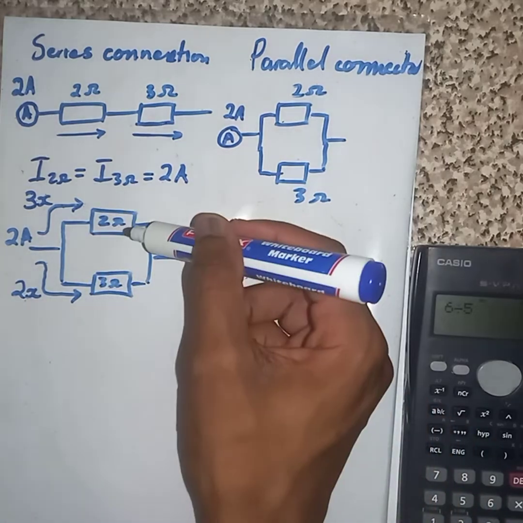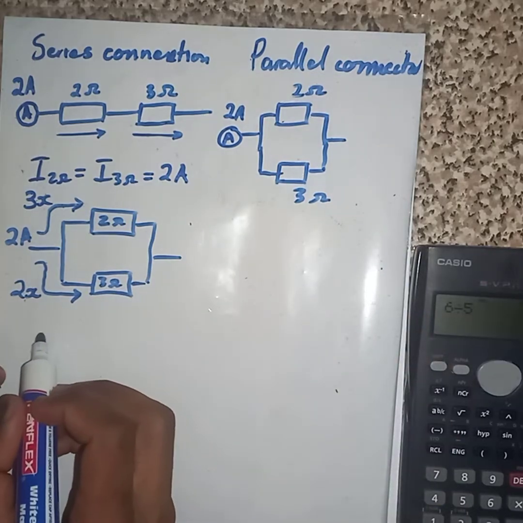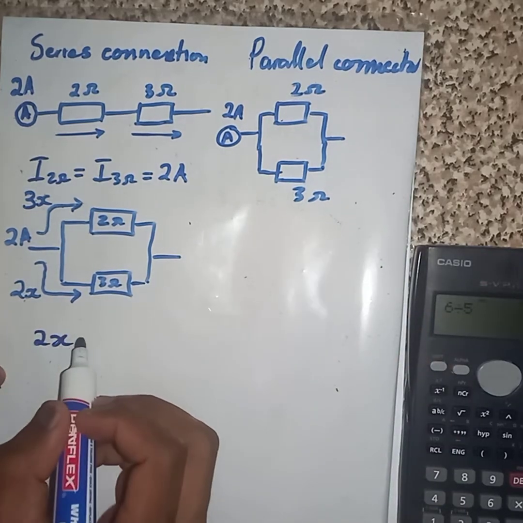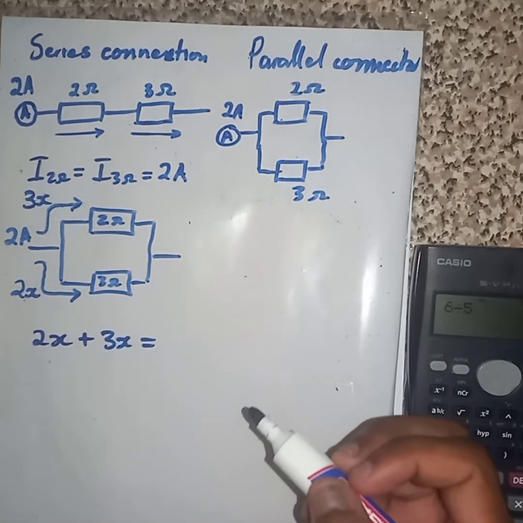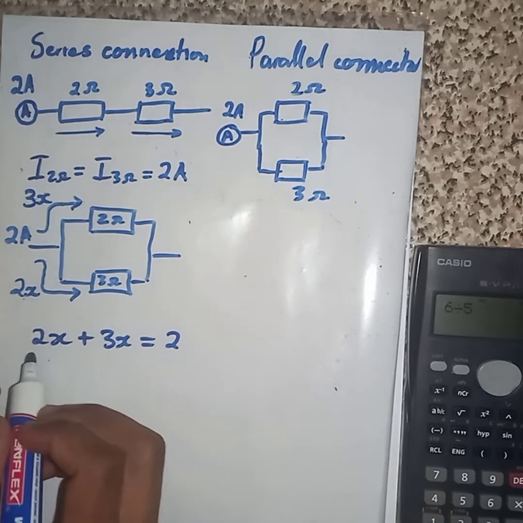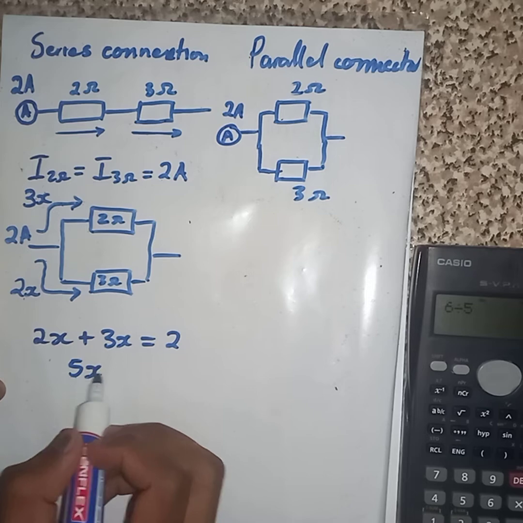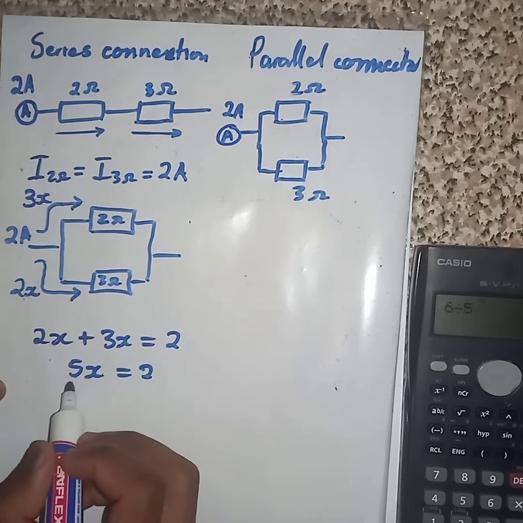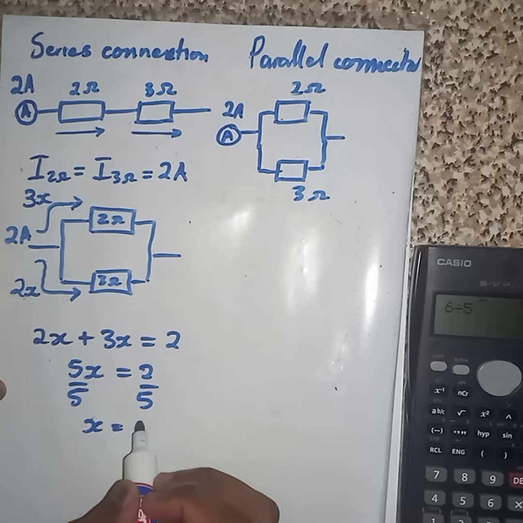Then for us to calculate the current that is moving to each one, we say now I have 2x plus 3x, but our total must be 2. Then let us add them. If we add them together, we get 5x is equal to 2. Then we divide by 5, we divide by 5. Then we get x to be 2/5.